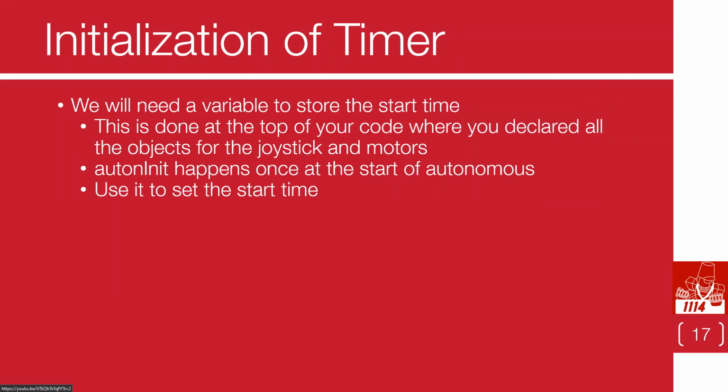And basically, you want to start with the most simple auto and then work your way up. So the first auto is just moving out of that zone. And actually, at our first competition this year, we didn't even have that auto, funny enough. And then at the end of the year, we had that 5-ball autonomous. So it kind of shows the evolution of our programming during a season.